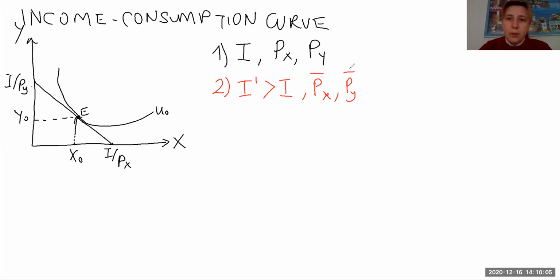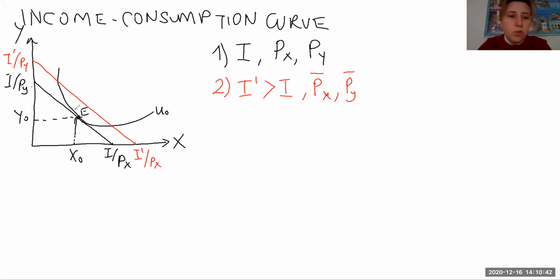So what will happen to the graph in that case if the budget of the consumer increases? Then the budget line will shift to the right. Parallel shift to the right, right? Just like that. And here, we will have I prime over Px and I prime over Py. Also, the choice of the consumer will change.